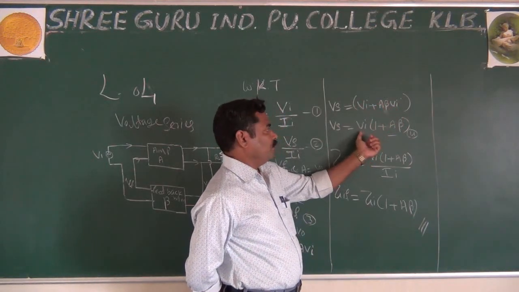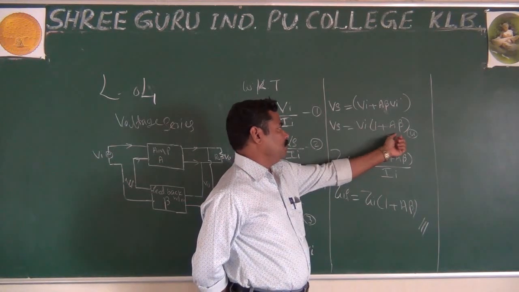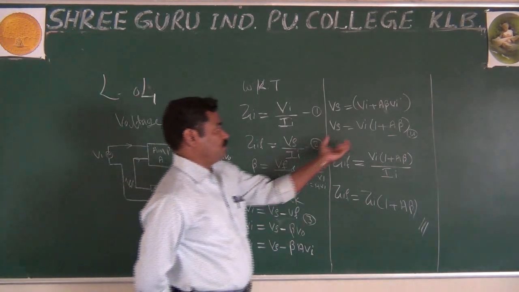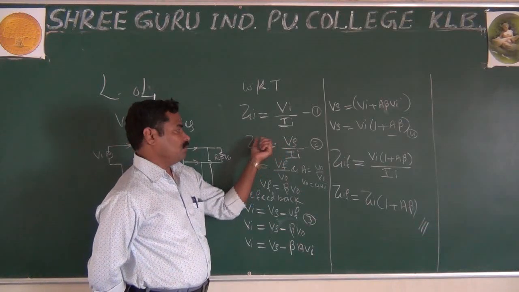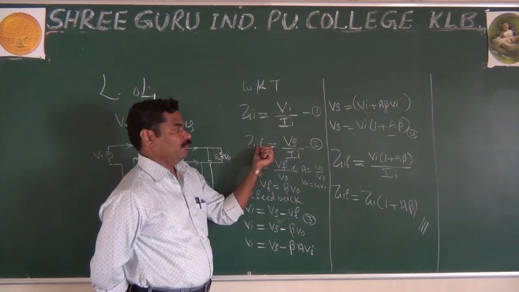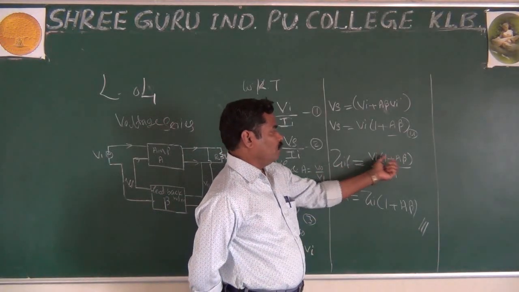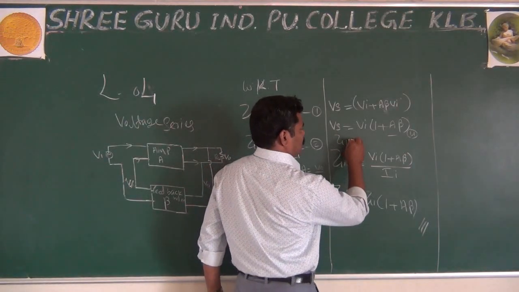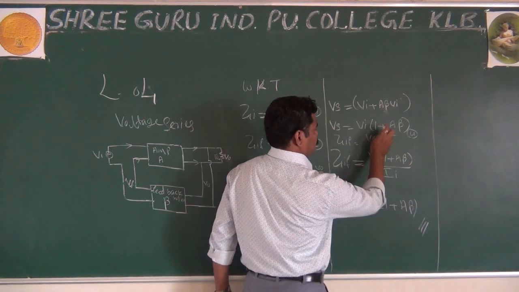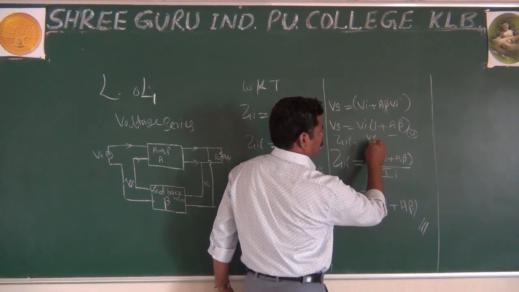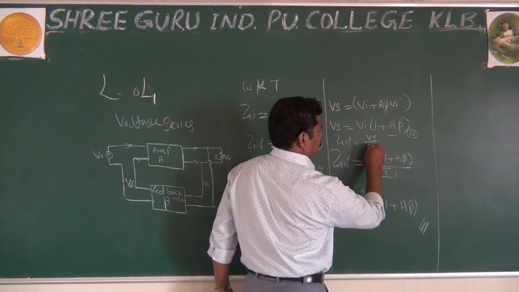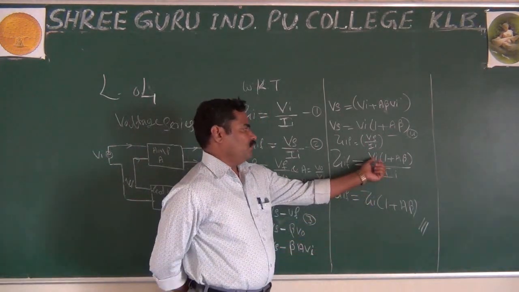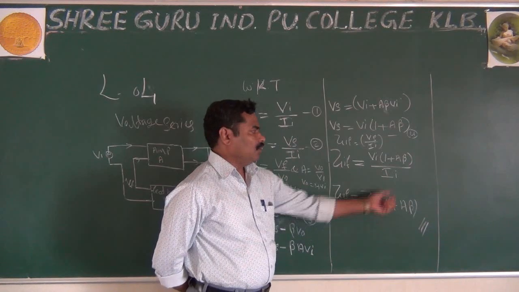Here you take Vi common, that becomes Vs equal to Vi into 1 plus A beta. And actually we want to substitute this Vs in equation number 2, because we are finding the input impedance with feedback. Then it becomes ZIF is equal to Vi into 1 plus A beta divided by II, and Vi by II is nothing but ZI, so ZIF equals ZI into 1 plus A beta.